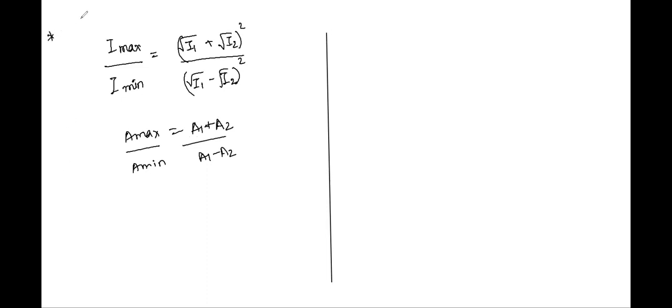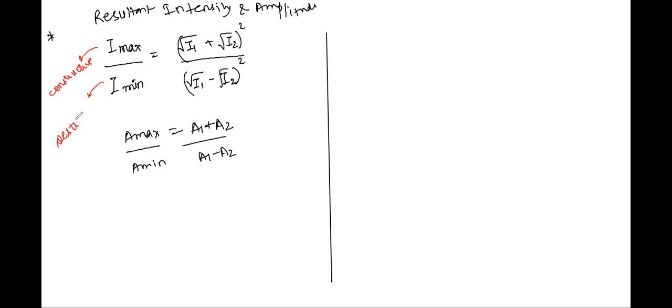These are the formulas for resultant intensities and amplitude, maximum and minimum case, in case of constructive and destructive interference. This is constructive, this one is destructive.